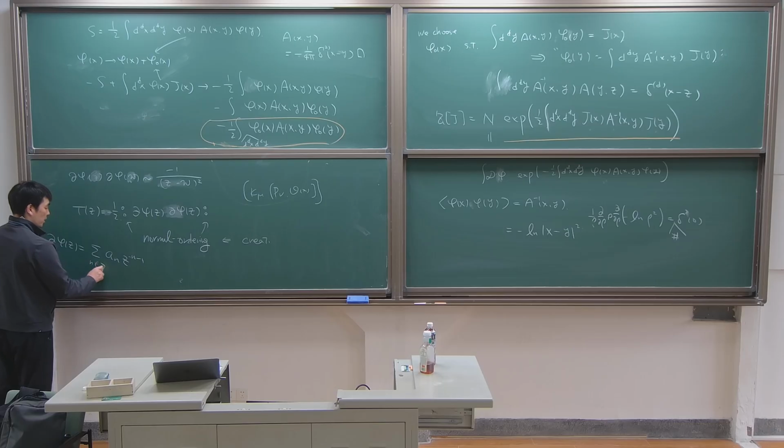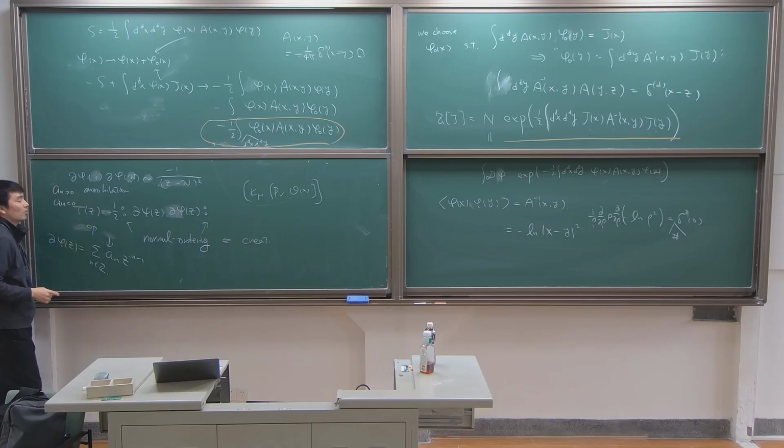So like this way, if you have a Fourier expansion, in Fock space this is a creation and annihilation operator, and of course n greater than 0 is the annihilation, and less than 0 is a creation operator.